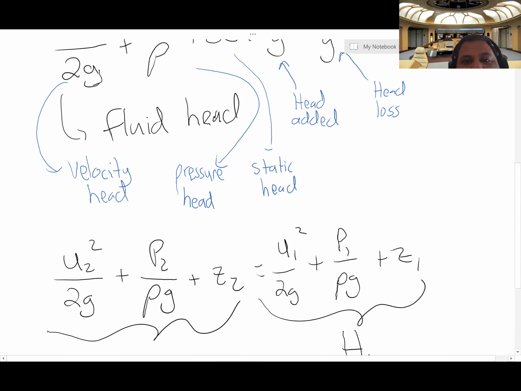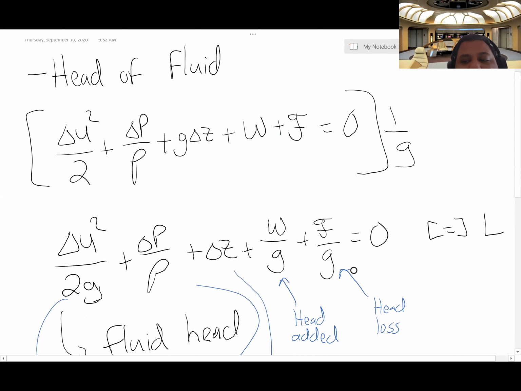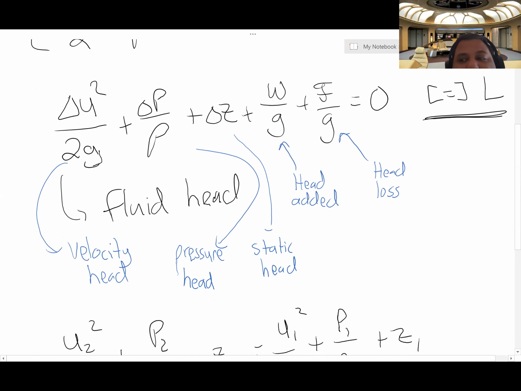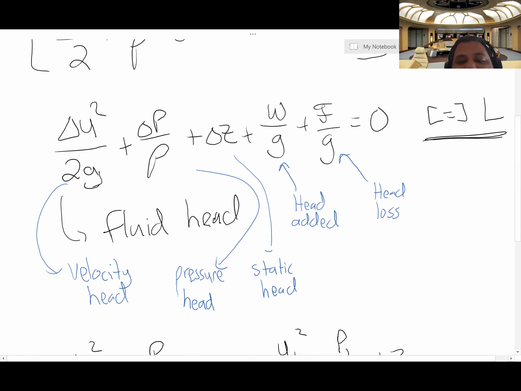And so to quickly summarize, we designate fluid head because it makes things a lot easier to discuss in a very strict term in terms of feet. Everything's in the form of a length, which is easily, when you consider static head, in terms of how much energy is associated with that fluid, that we could easily translate into a visual potential energy.